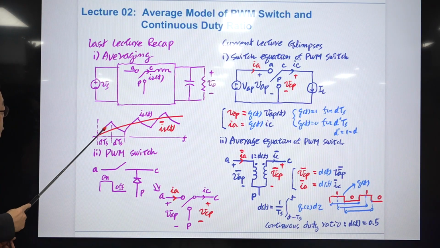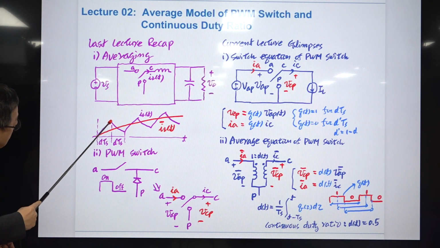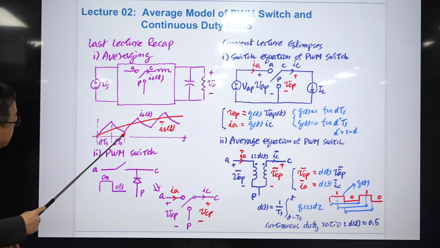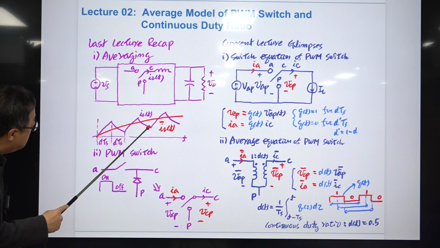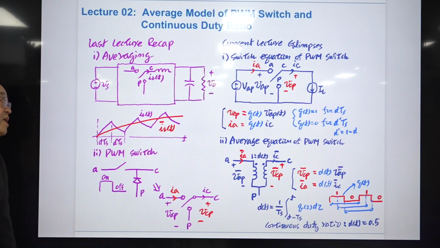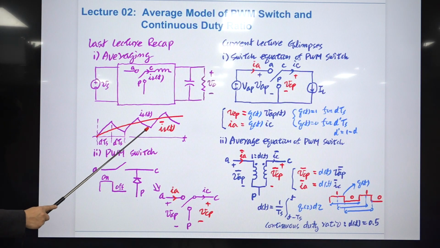So it will go like this, and at this moment, it starts decaying in some nonlinear fashion like this. Okay, and after this is the off-time period. It goes up, goes down, goes up, goes down, and gradually increases. And eventually it will trace out this triangular type nonlinear curve.